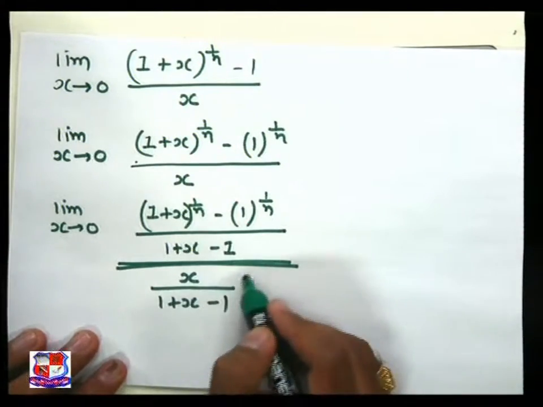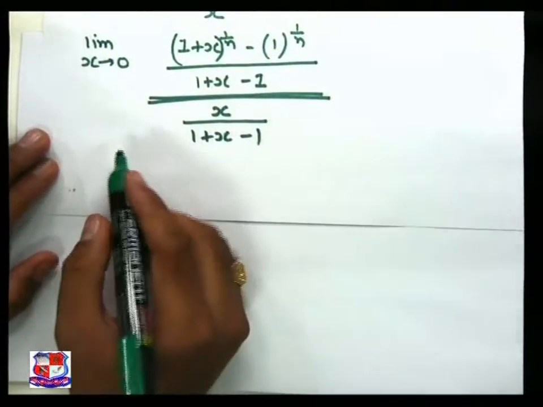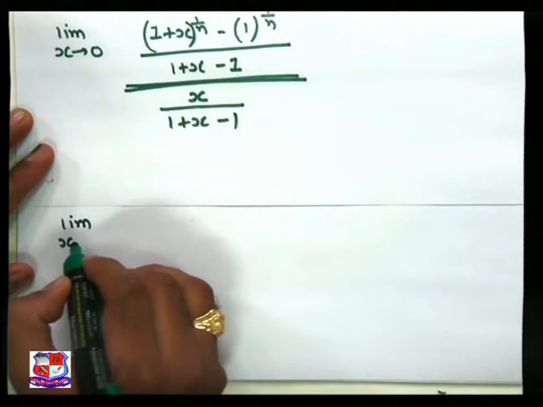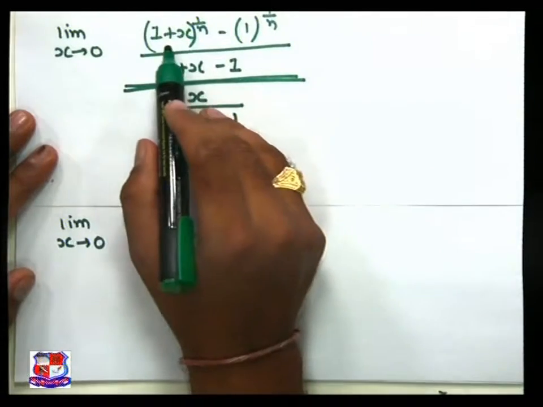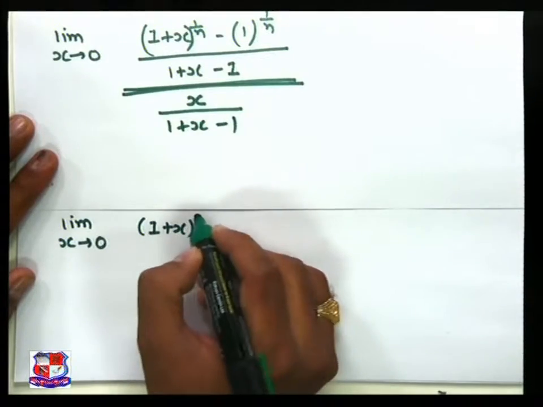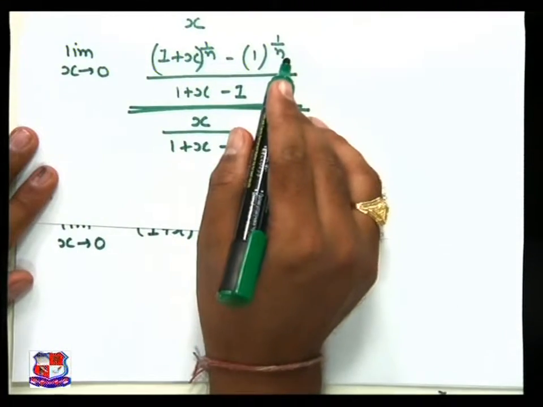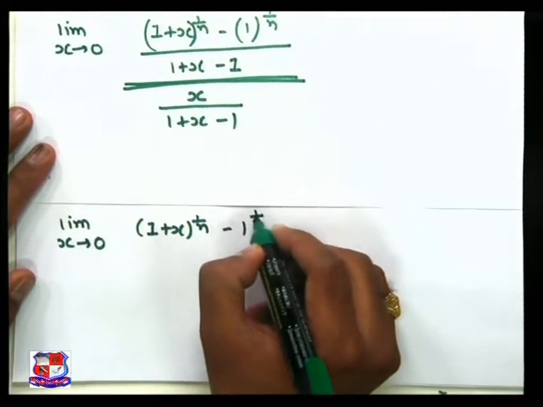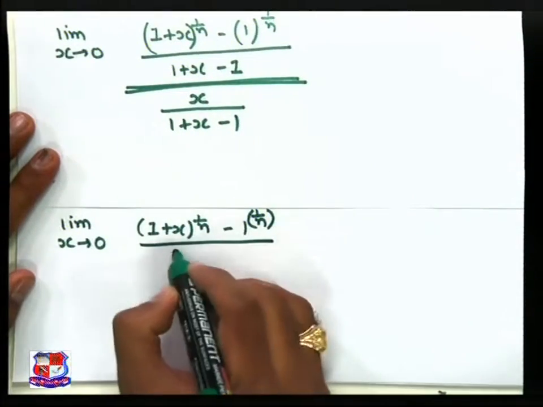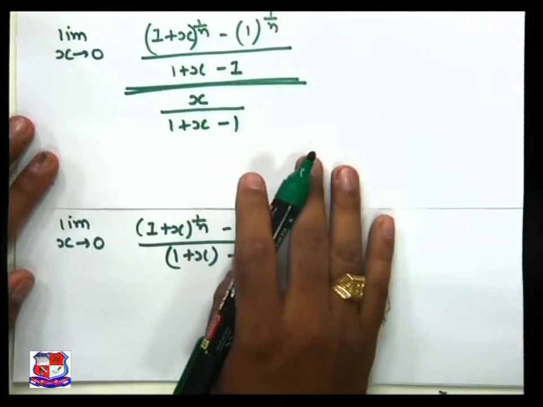So we want to simplify our denominator term, so we can write it in this way: limit x tends to 0, this term as it is, (1 plus x) raised to 1 upon n minus 1 upon n, divided by 1 plus x minus 1 as it is.